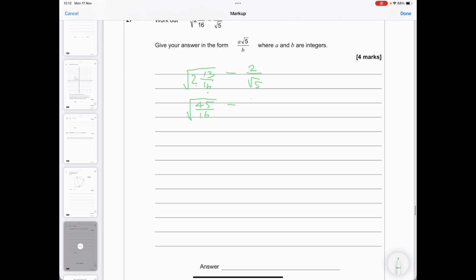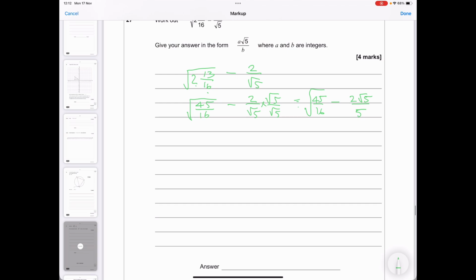You can't really leave the root 5 on the bottom, so I'm going to times this on its own by root 5 over root 5, which is the same as timesing by 1. So that equals the root of 45 over 16 minus 2 root 5 over 5. Okay, I'm happy with that.